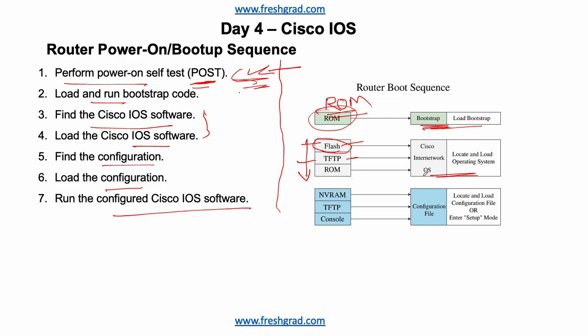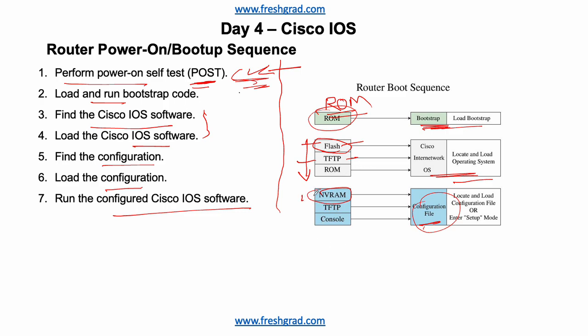Now the next step is to locate and load the configuration files. Once the IOS image is loaded, it starts the configuration file search. The configuration file can be found in the NVRAM. We'll discuss what NVRAM is in the next slide.